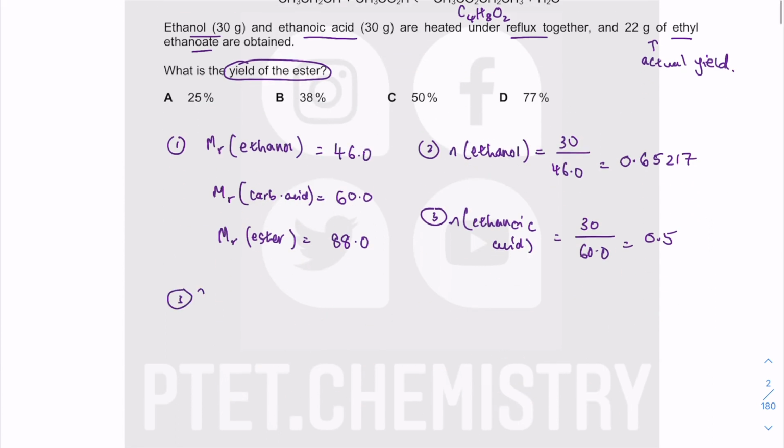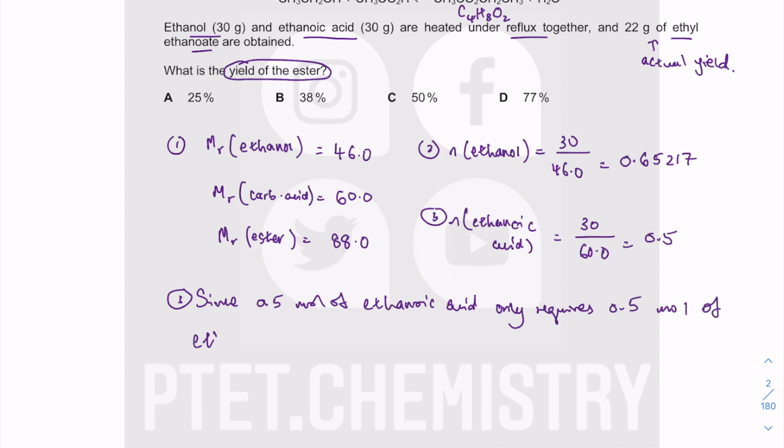So since 0.5 mole of ethanoic acid only requires 0.5 mole of ethanol, therefore the actual amount of ethanol used, which is 0.65, greater than 0.5, is in excess.